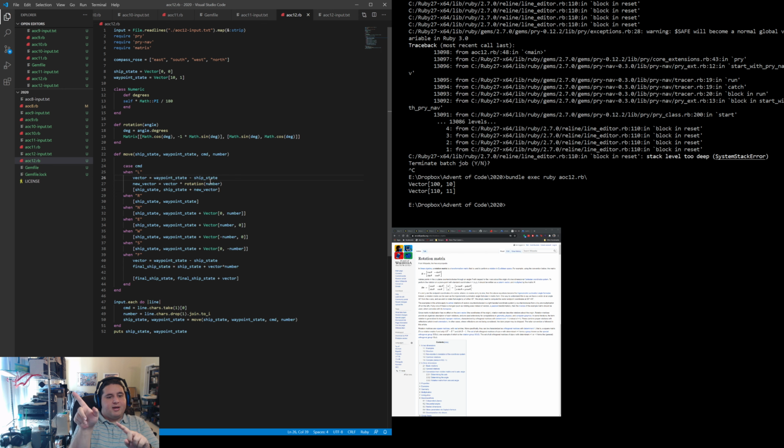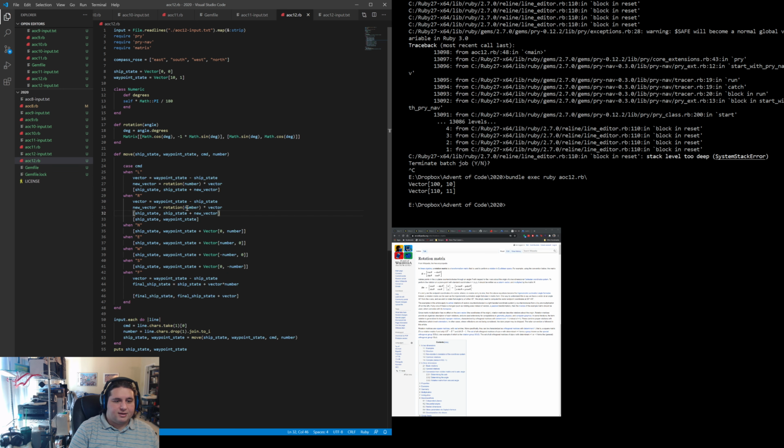We do the rotation multiplied by the vector, not the other way around, which was what I was just saying, which is why I say this all out loud. So we're going to rotate this vector by that number, and then we add the new vector back to the ship state. And we basically do the same thing for r, but in the negative number direction.